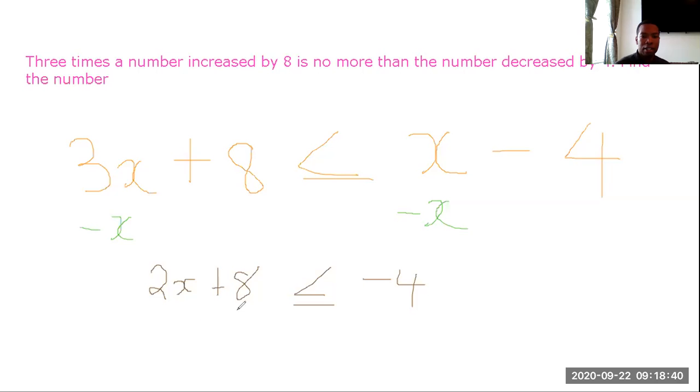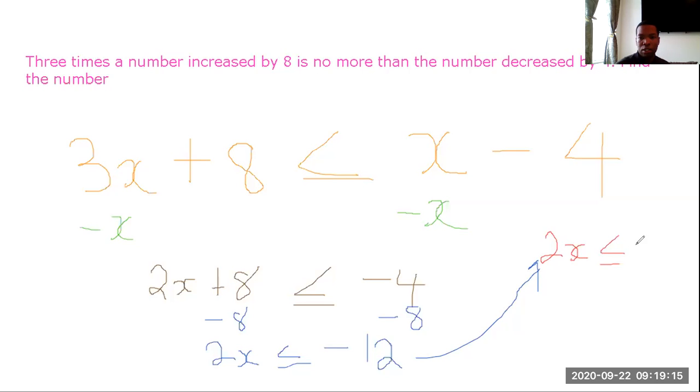So that's a minus 8 on both sides. And this is 0. So I'm going to get 2x is less than or equal to negative 12. All right, I'm going to put this up here. So then I'm going to write this 2x is less than or equal to negative 12.